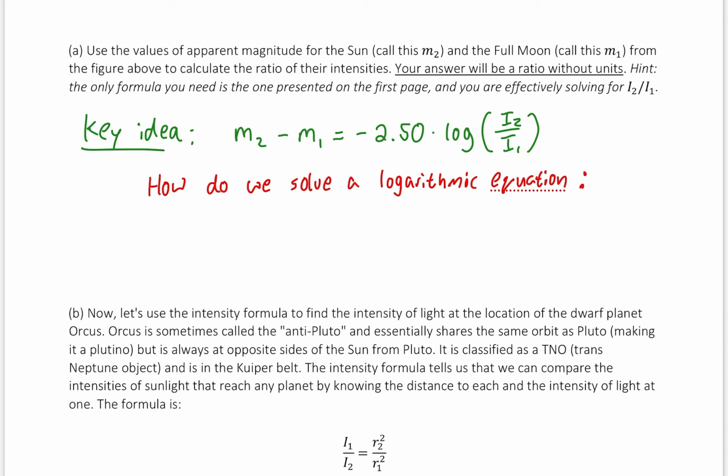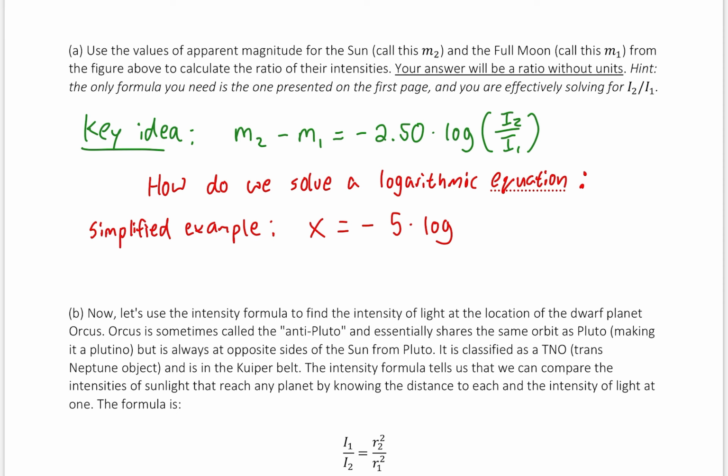Let's consider a simplified example, where we get rid of some of the complications such as 2 terms on the left and some of our values here as well as the fraction inside the logarithm. We're just going to simplify it to x equals negative 5 times the logarithm of z.